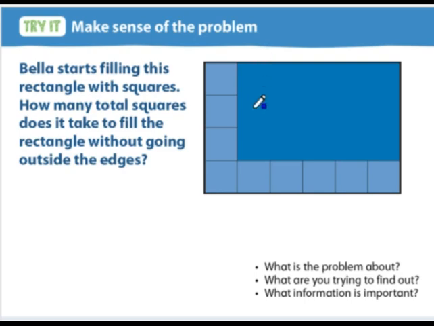So I wonder what this next column would have in it. Let's check the row down here. 1, 2, 3, 4, 5, 6. 6 tiles in a row. That's some really good information. When I fill the rest of this rectangle in, I should be able to figure that one out.